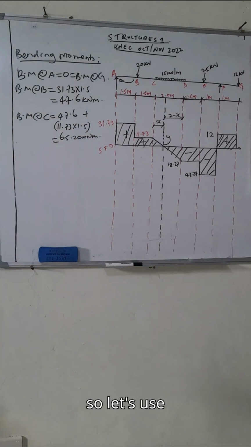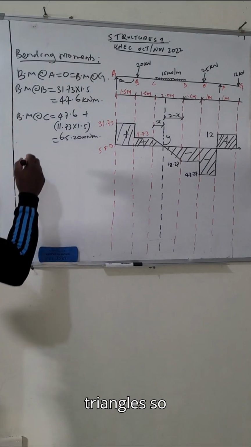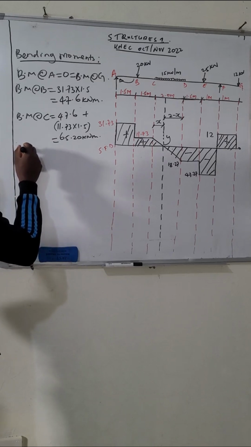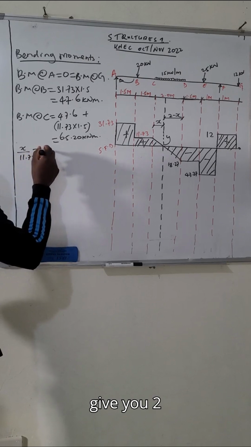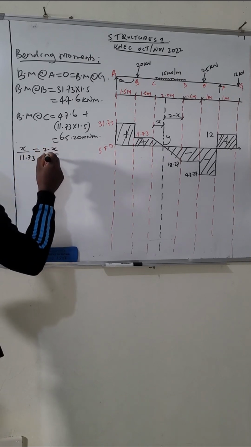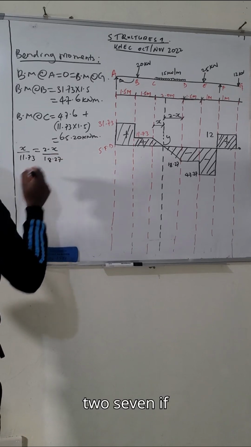Let's use similar triangle rules: X over 11.73 equals 2 minus X over 18.27.